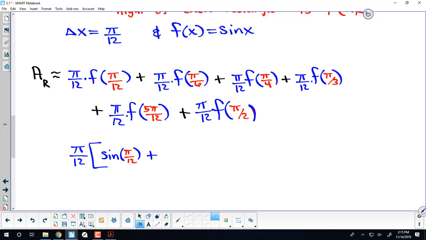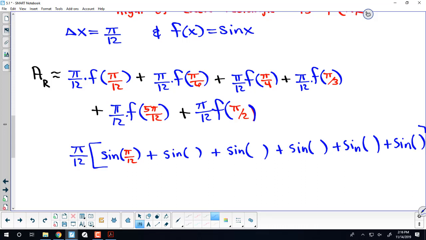Plus all of that other stuff. So that's our approximation to the area under the sine graph from 0 to pi over 2 using right Riemann sums.